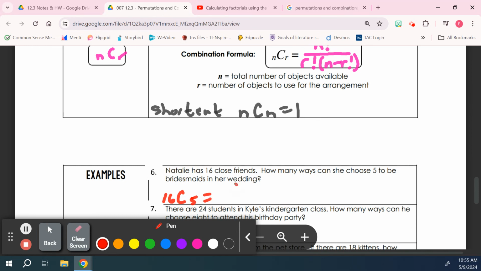So in this case, this will be 16 factorial over 5 factorial, which is the amount she can choose, and 16 minus 5 factorial. So this leaves me with 16 factorial over 5 factorial times 9 factorial.